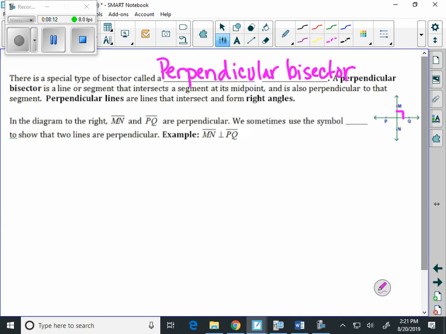There's that little box in the corner to indicate that they're perpendicular, which means they're right angles. Another way to indicate perpendicular is an upside down capital T. That symbol means perpendicular. Segment MN is perpendicular to segment PQ.